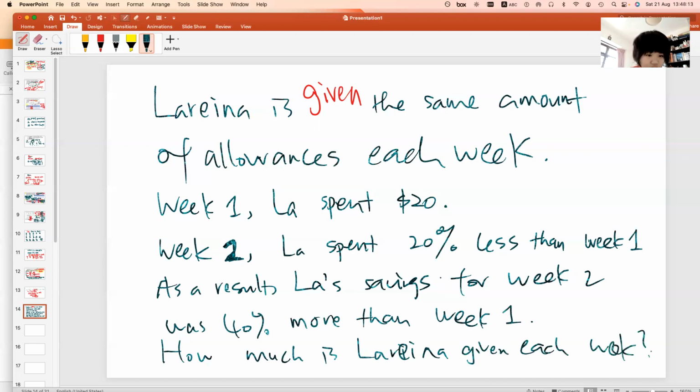Can you attempt this question on a piece of paper? This is similar to the question just now.